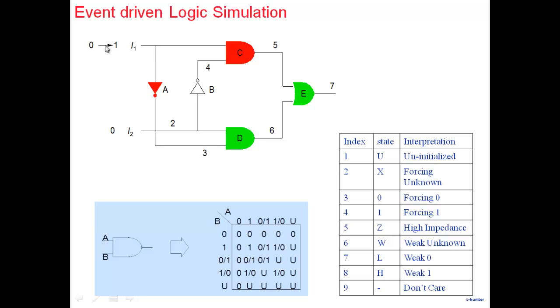You exercise your circuit with different input vectors, look at the outputs and see whether the outputs are what you have intended. So you verify by applying a large number of input vectors.